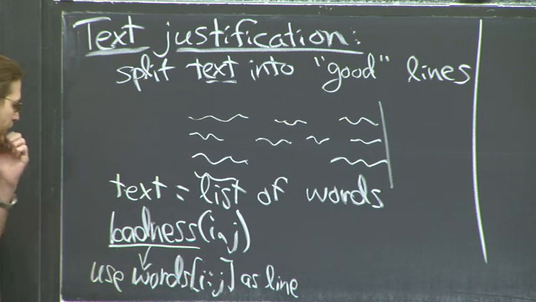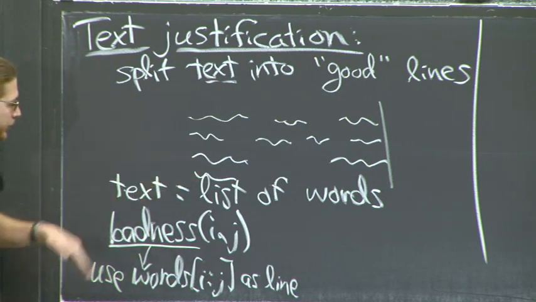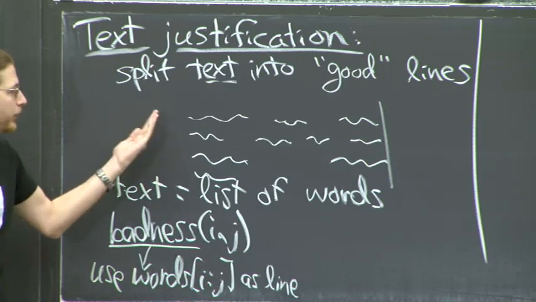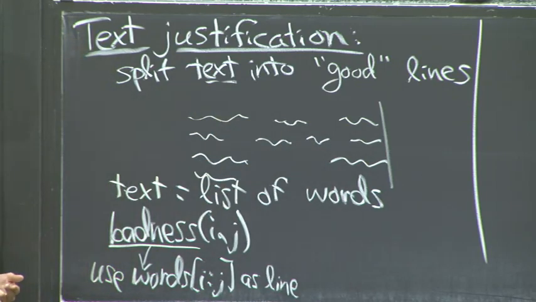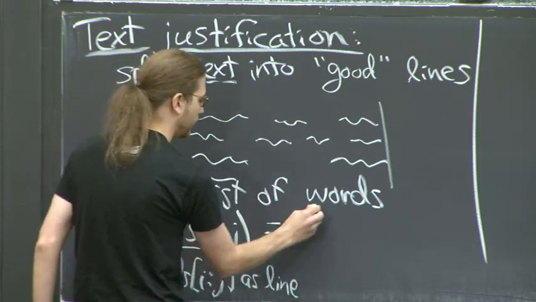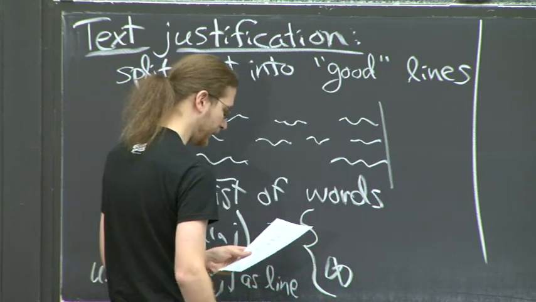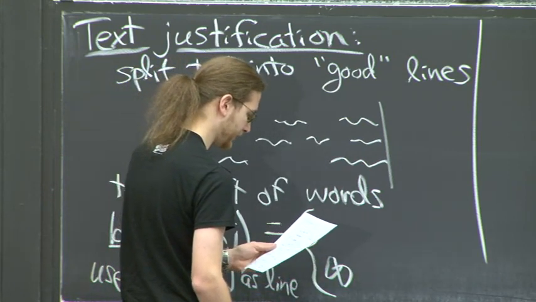That'll be convenient. So I have this list of words. And if I look at words i through j minus 1, and I think of what happens if I pack them in a line, well, they may fit or they may not fit. So there are going to be two cases. If they don't fit, I'm going to write infinity, because that's really bad.